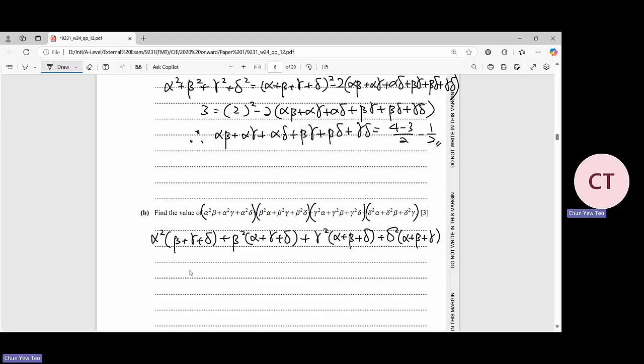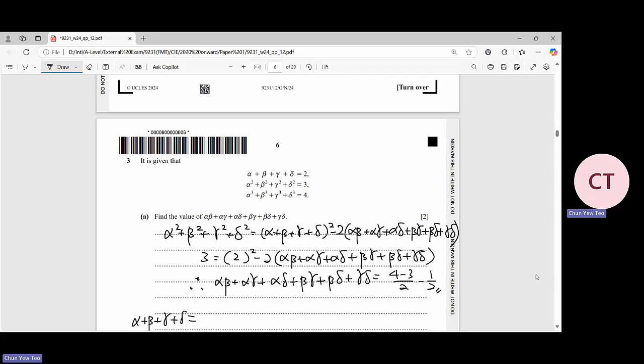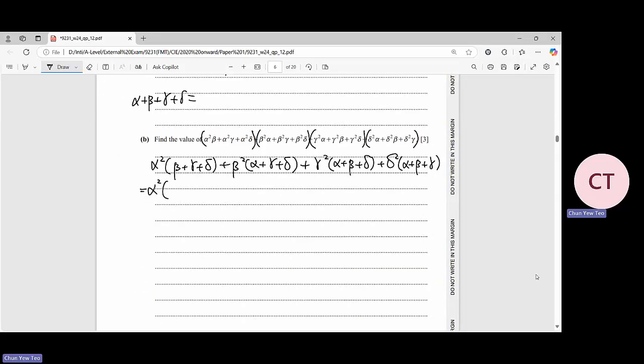Now I need to make a trick here. We know that alpha plus beta plus gamma plus delta is equal to 2. That means beta plus gamma plus delta is actually equal to 2 minus alpha.